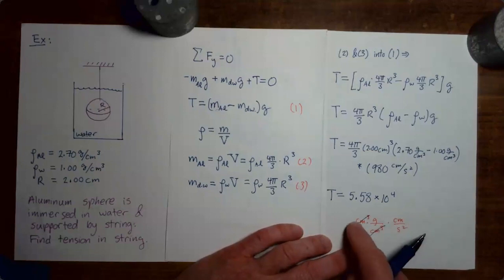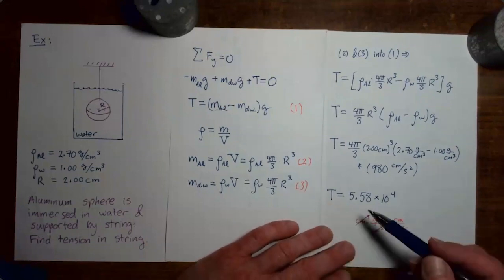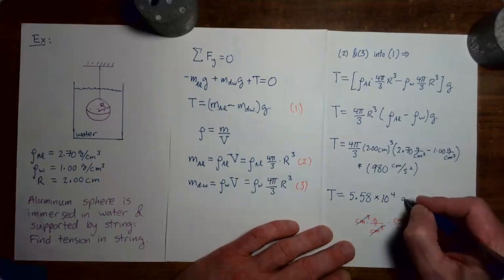So cancel centimeters cubed against centimeters cubed, and what we have here is grams centimeters per second squared. This is actually the CGS unit for force. It's known as a dyne. So the tension would be 5.58 times 10 to the 4 dynes.